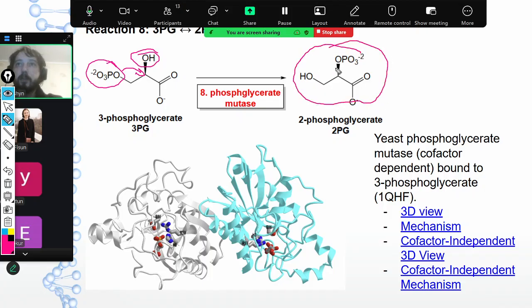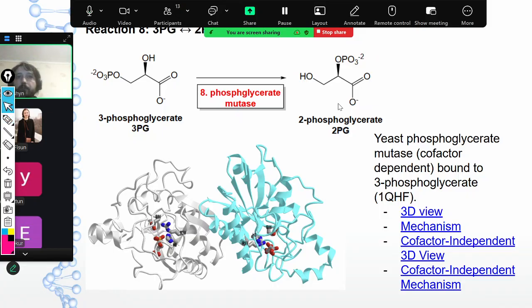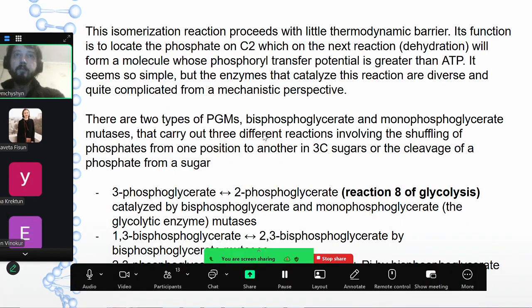OH and phosphate group have swapped places. So it proceeds with a little thermodynamic barrier. Its function is to locate the phosphate on carbon 2, which in the next reaction, dehydration, will form a molecule whose phosphoryl transfer potential is greater than ATP. So we will see that.